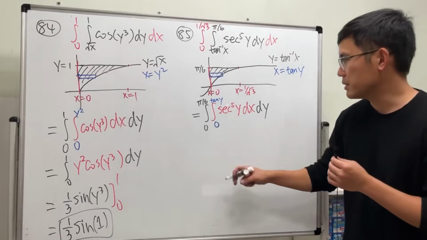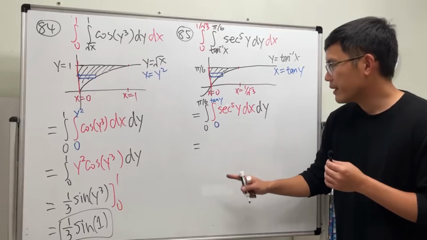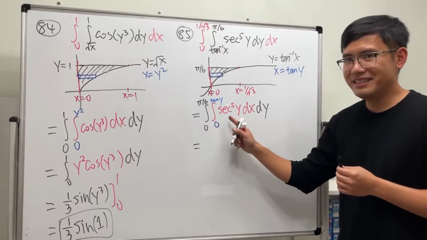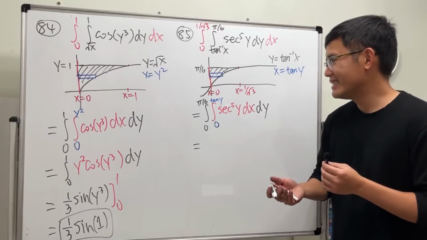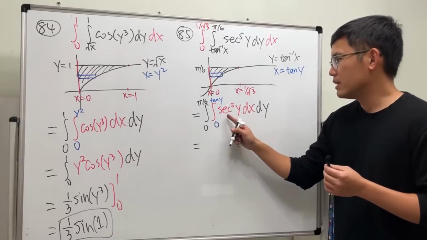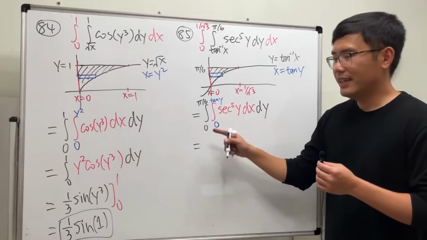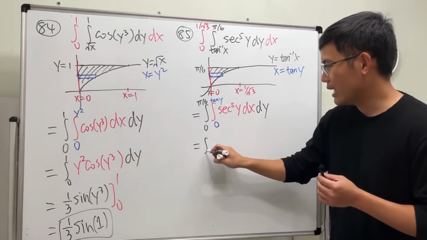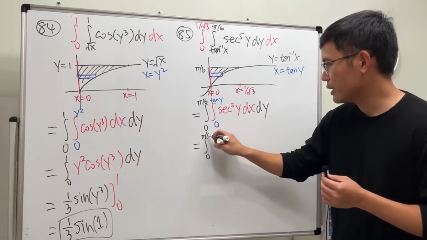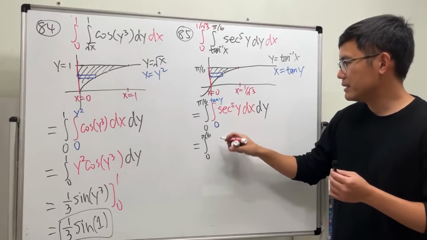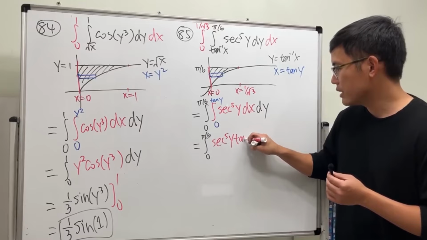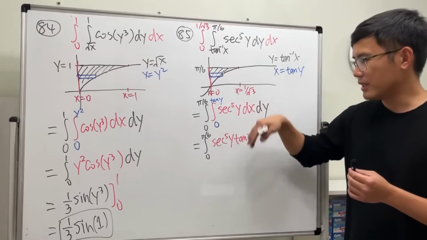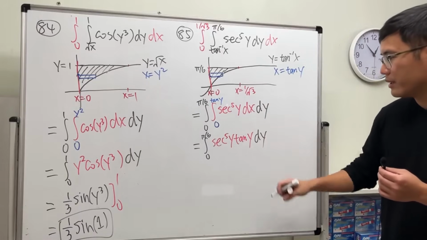Yes, it is. Trust me. Here, integrate this thing in the x world. We just put x, and then we put a tangent. So first we have 0 to pi over 6 still at the front. And then we have secant to the 5th power y times tangent y. And plugging in 0 is just nothing, so that's what we have. So we have the dy here.